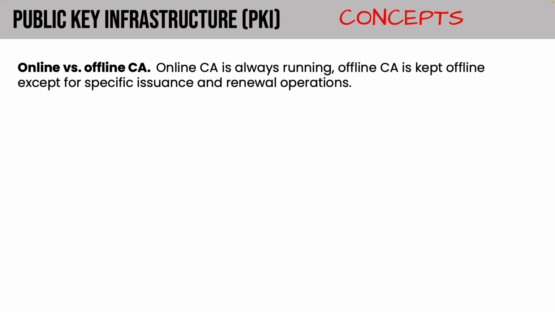There's the concept of an online certificate authority and an offline certificate authority. So an online CA is always running, and an offline CA is kept in a powered off state except for specific issuance and renewal operations. So offline is best practice for your root certificate authority.